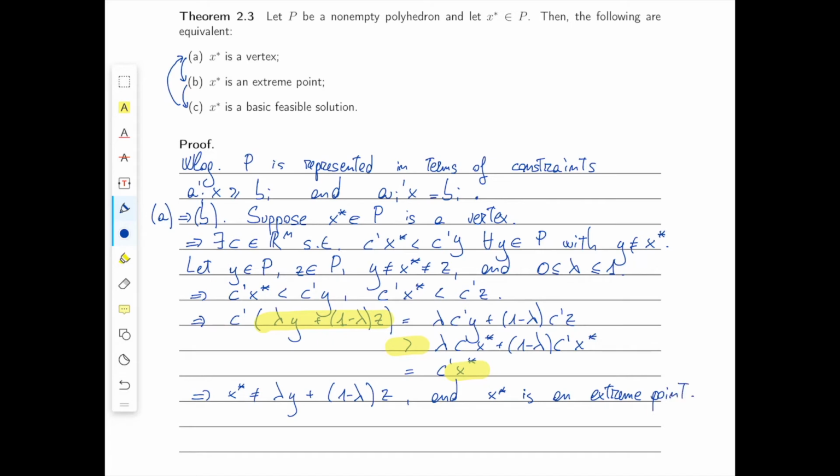This concludes the proof of A implies B. The next implication that we're going to prove is that B implies C.